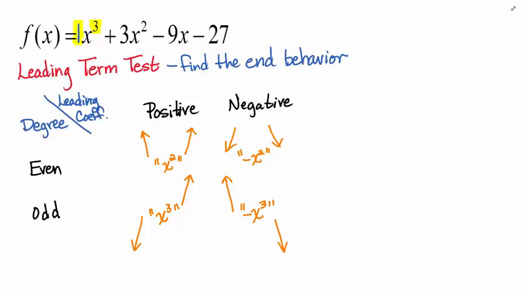Now, there's some official notation that we talk about with this. For instance, if I want to refer to, say, this right here, that arm, I could write this: the limit as x goes to infinity of the function is negative infinity. So what that's saying is that as our x's go to infinity, right?